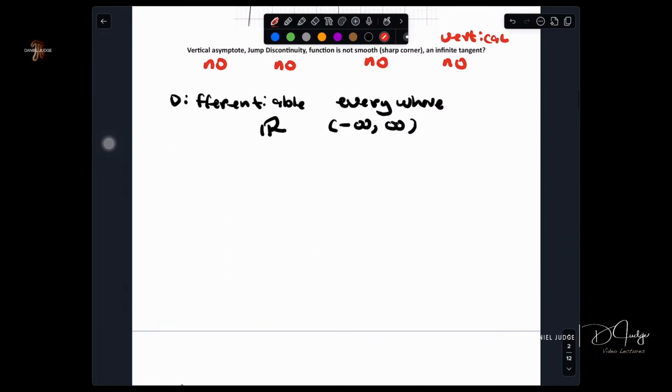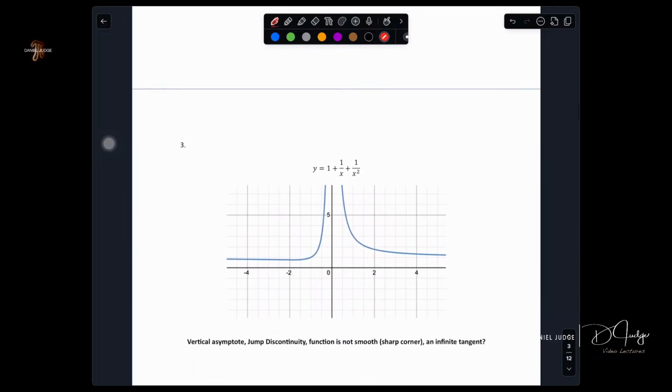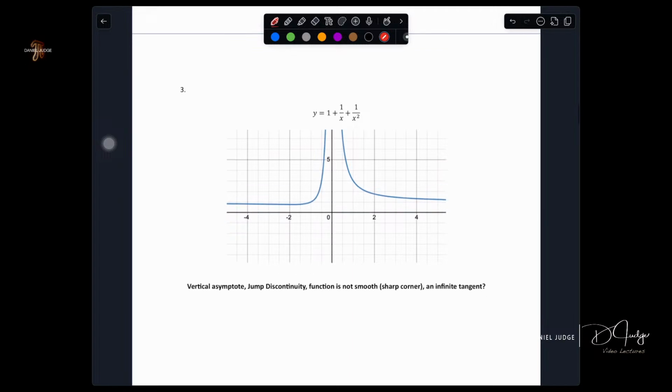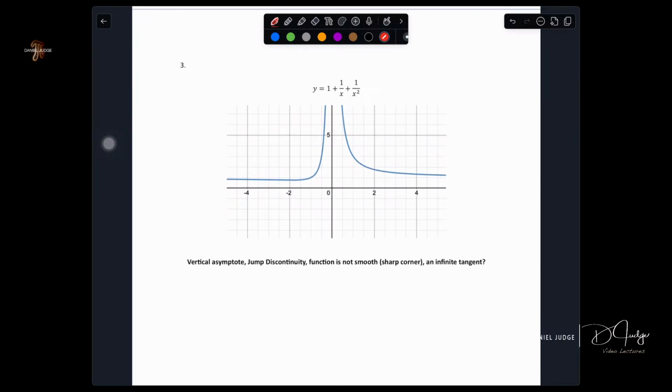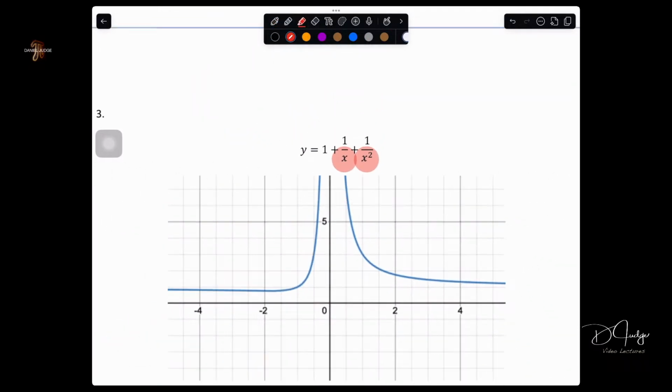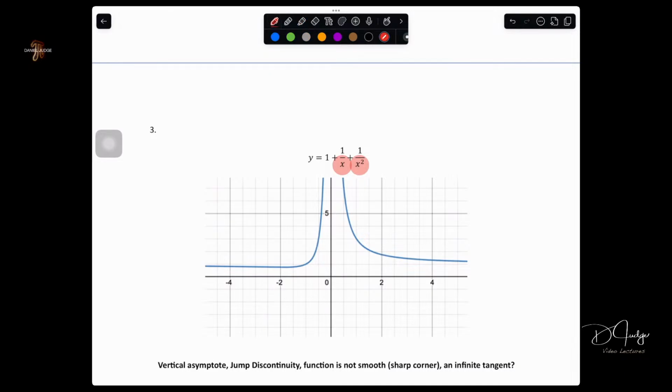All right, let's take a look at some more curves. And if I said to you, okay, here's another function. Y is 1 plus 1 over x plus 1 over x squared. The second you see a function that has denominators, like you see here, remember, you got to worry about that. It's the location x is 0.